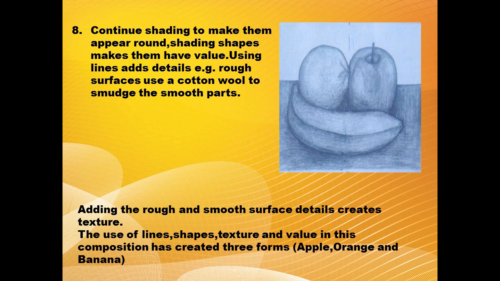Now my runner, adding the rough and smooth surface details helps to create texture. And the use of lines, shapes, texture and value in the composition has created our 3 forms. And that is the apple, the banana and the orange.